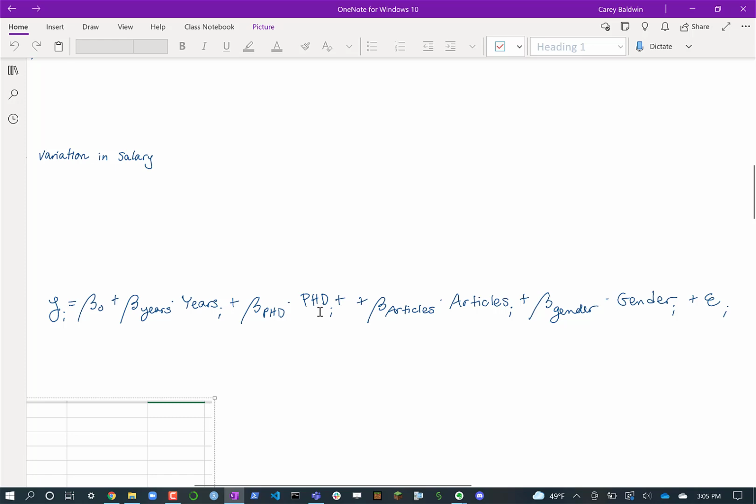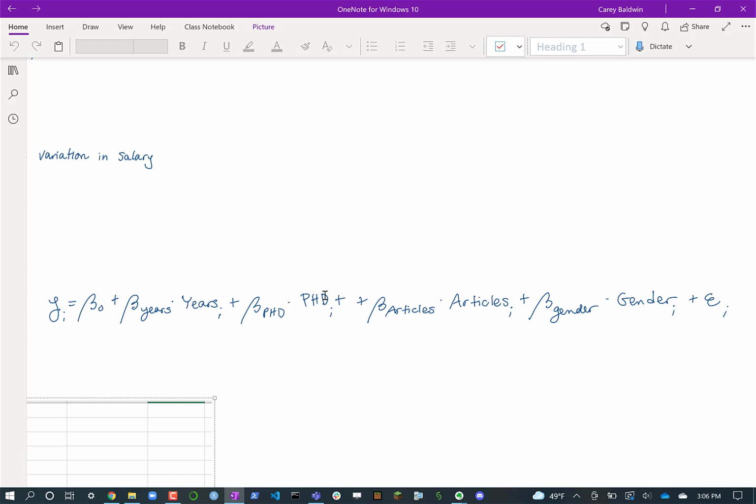Then we have another combination here, which shows the beta for PhD multiplied by the PhD variable. This coefficient tells us the change in predicted salary depending on whether or not an individual has a PhD. So this being an indicator variable, not a continuous variable, we interpret it slightly differently.